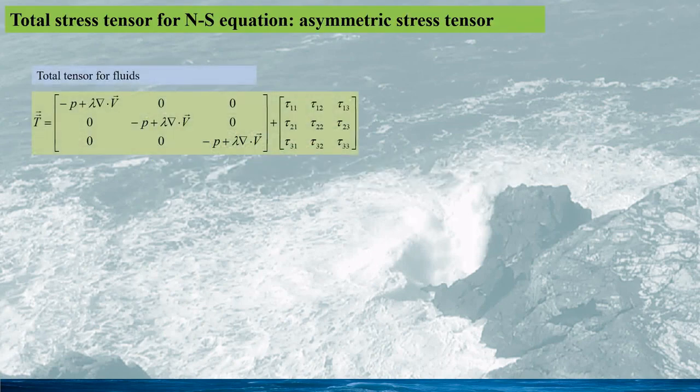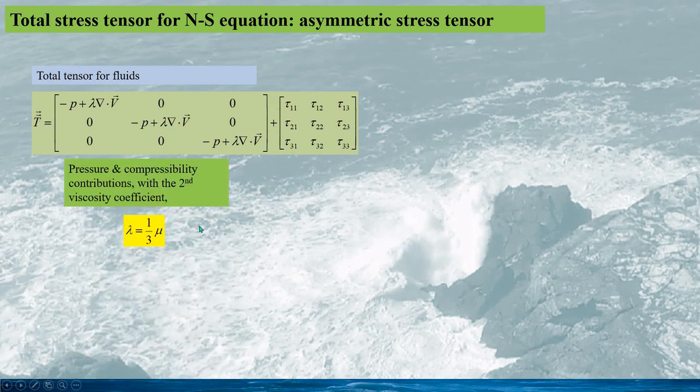In this slide, following Stokes, the total stress tensor is given as capital T double arrow. This is a combination of the stress from the pressure and the compressibility contributions.